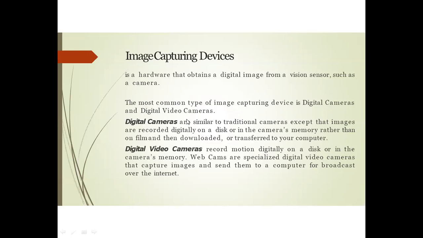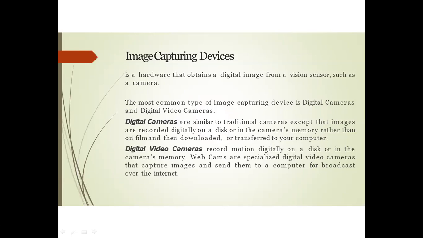Digital cameras are similar to traditional cameras, except that images are recorded digitally on a disk or in the camera's memory, rather than on film, and then downloaded or transferred to your computer.